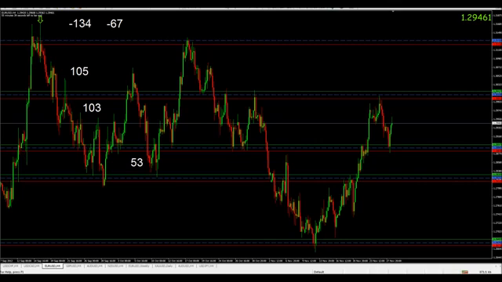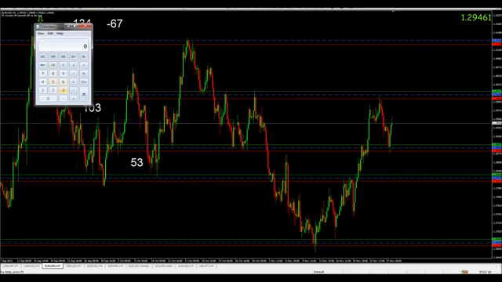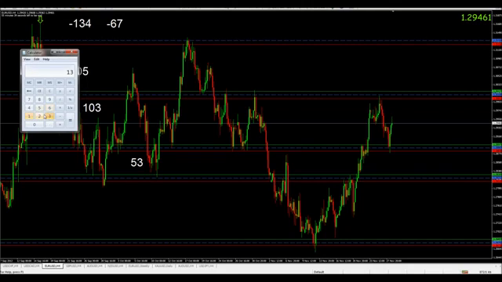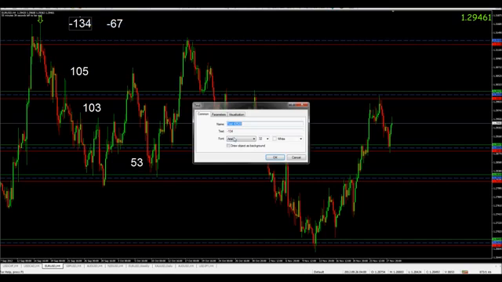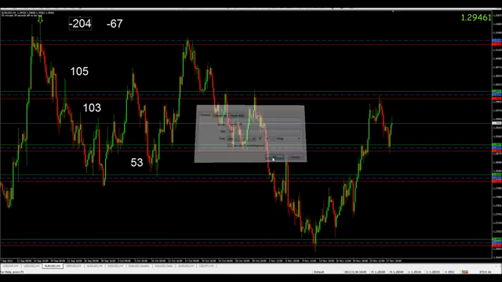So we can just go to our calculator. 134 plus 67 equals. Okay, so we've got a negative amount here by the time we get down here: 204 pips.